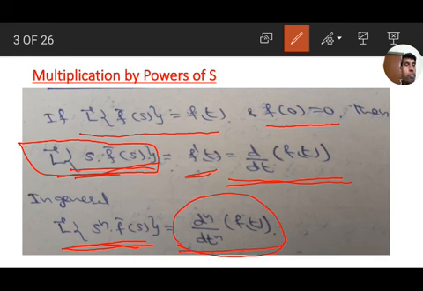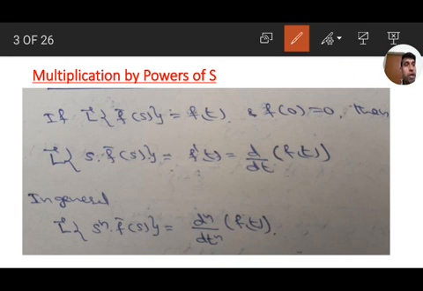If it is s square, second order derivative. If it is s cube, third order derivative. S to the power of 4, fourth order derivative, and so on. S to the power of n means nth order derivative of f of t.